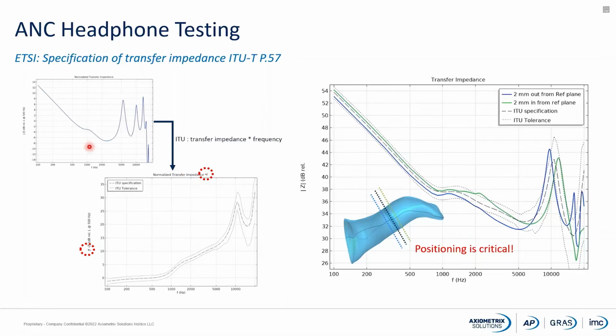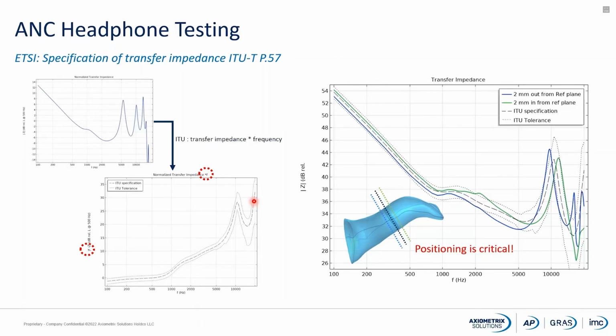The only difference between these two charts is that in the chart below the transfer impedance is multiplied by the frequency, but they are both displaying the same information. So this is showing us the transfer impedance of the artificial ear versus the frequency. And here we can see the tolerances in the dashed lines for the ITU P.57 standard.